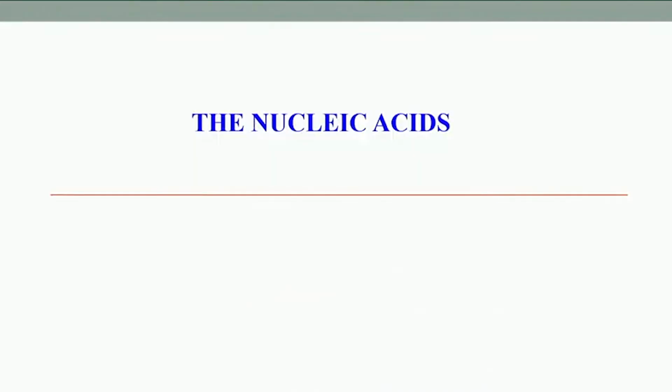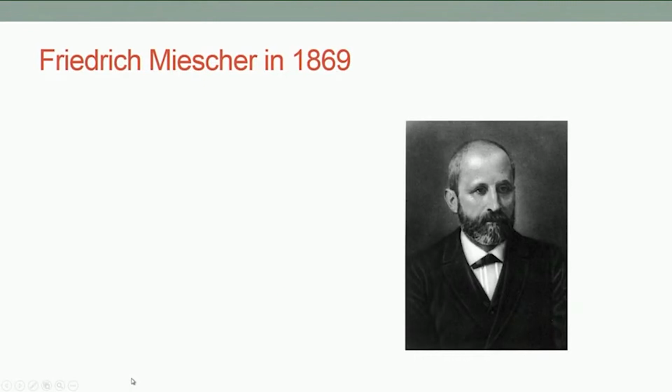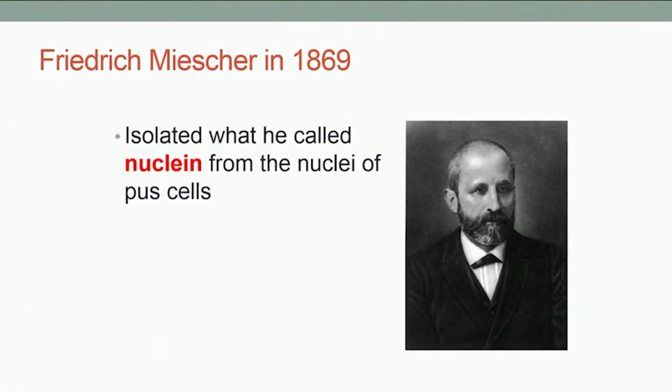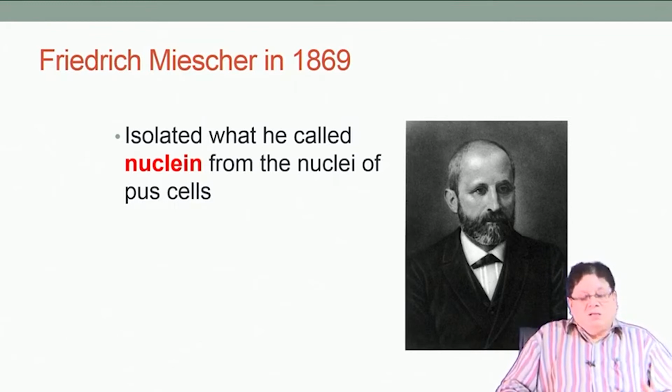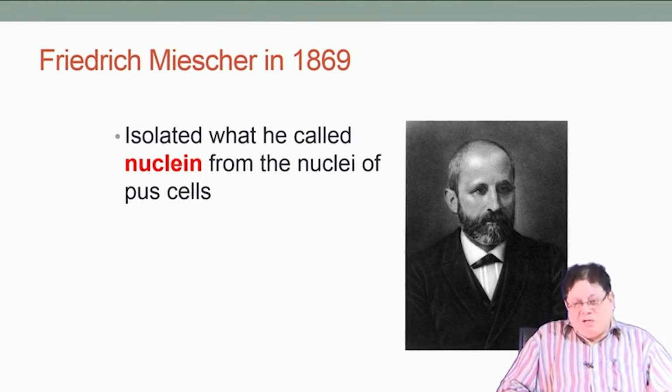The nucleic acids have a history behind them, how they were discovered. In 1869, Frederick Meissner isolated what he called nuclein from the nuclei of some particular cells, that is pus cells. Pus cells means where we have infections, the cells which are excreted are called the pus cells.